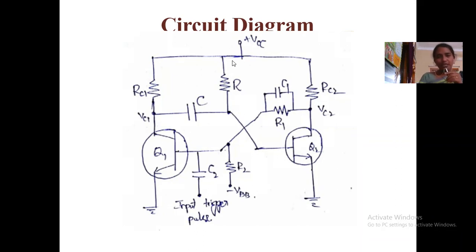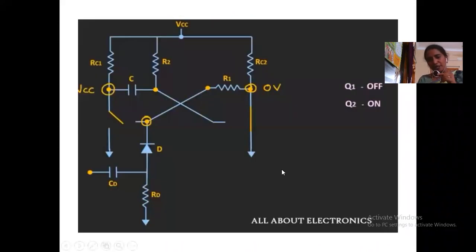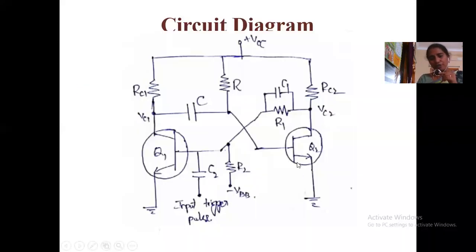So here the supply voltage VCC is given to the collector resistor. The supply voltage is applied in between the resistor and the ground terminal of transistor Q2, right?